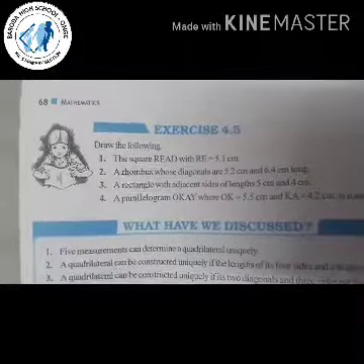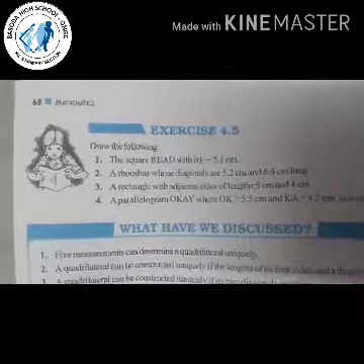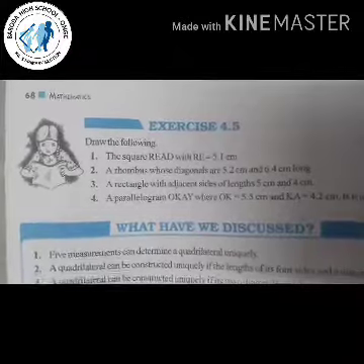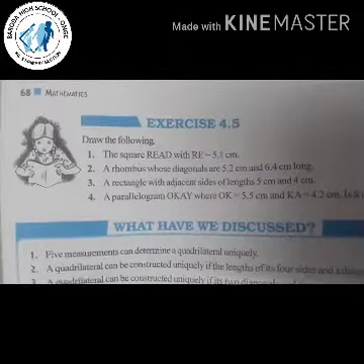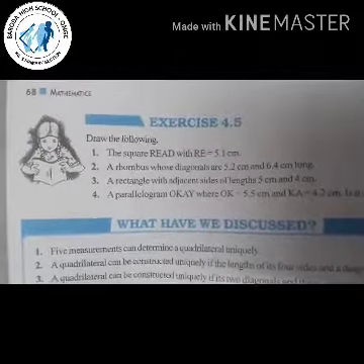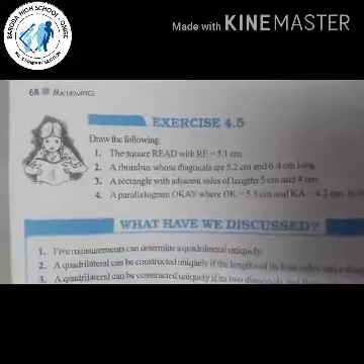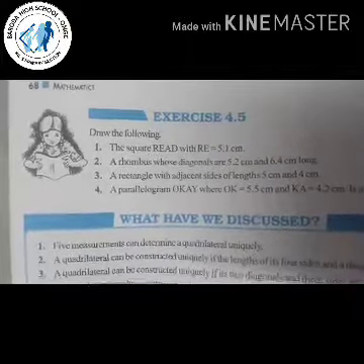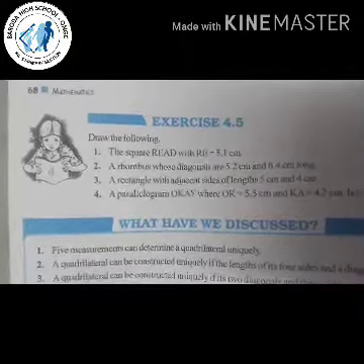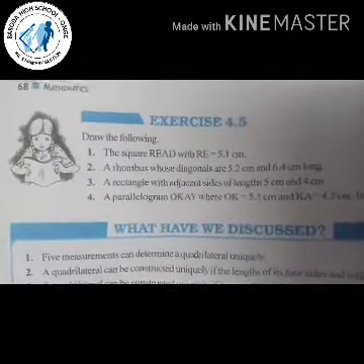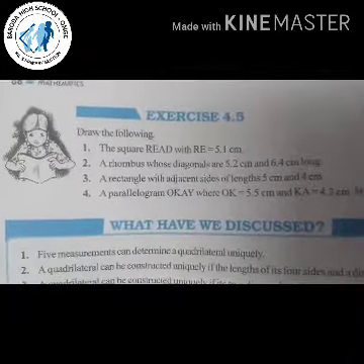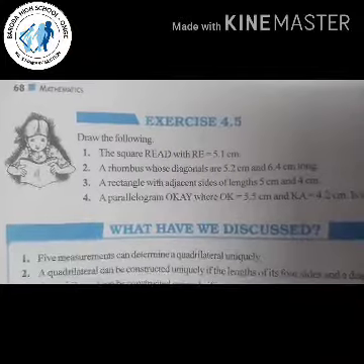Coming towards the last exercise, that is exercise 4.5. Question number 1, you have to draw a square READ with one side given, so you can draw. Second, you have to draw a rhombus where two diagonals are given. Yes, you can draw. Draw any one diagonal, bisect it and you will get the four ends.